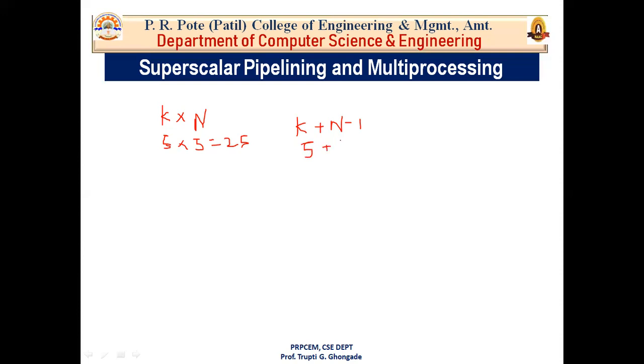And how many instructions are there? 5 instructions. And this is minus 1 because first we complete instruction 1. So how many cycles are there? Total cycles are 9.